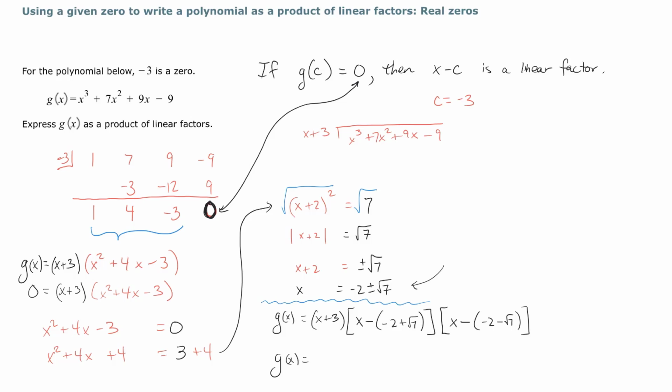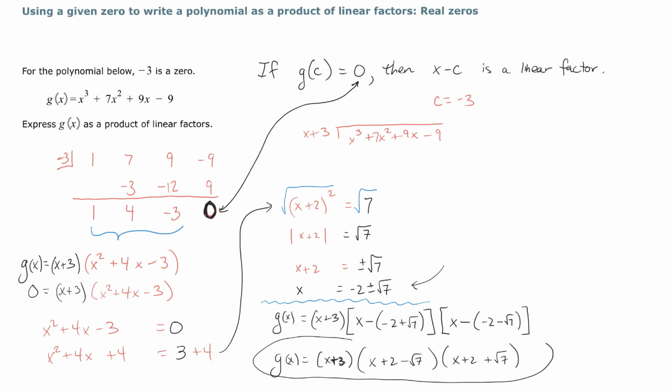To simplify this a little bit more, we could write the quantity x plus 3 times, what do we have here? X plus 2 minus root 7, and then x plus 2 plus root 7. And there you go. You've written g of x as a product of linear factors.